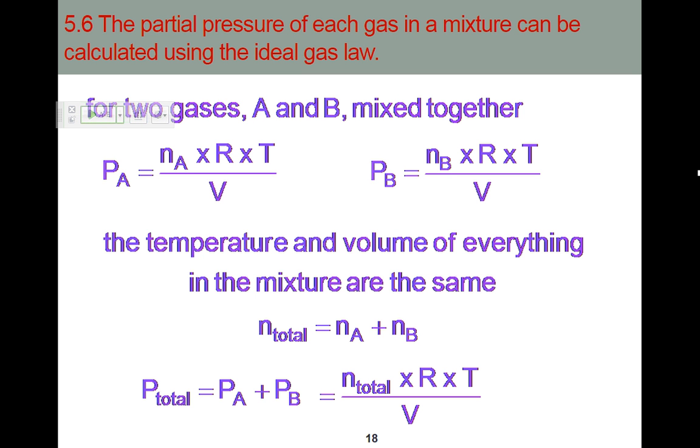But I need my total moles to get my total pressure. Because remember, the amount of moles affects the pressure, with our volume staying the same. The more moles you have, the higher your pressure. So each of our gases has an independent amount of moles, and our total pressure depends upon our total amount of moles. So if we know a couple of these things, we can do some calculations.